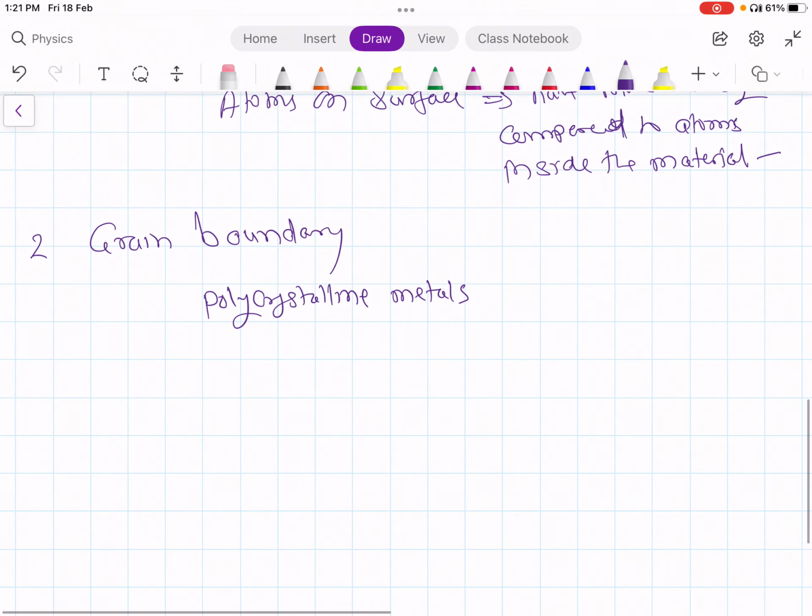What is the grain boundary? Let's see that. We already studied it, but let me show you the diagram. So there are different grains with random orientation. Suppose this is one grain which has the same orientation. Then let's say this one is another grain.